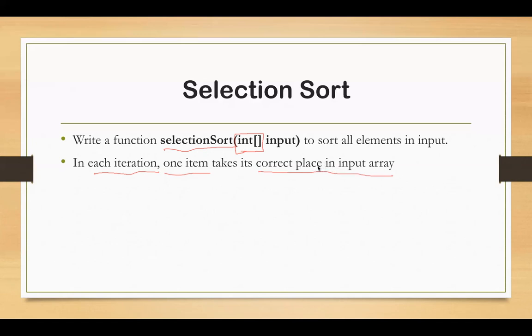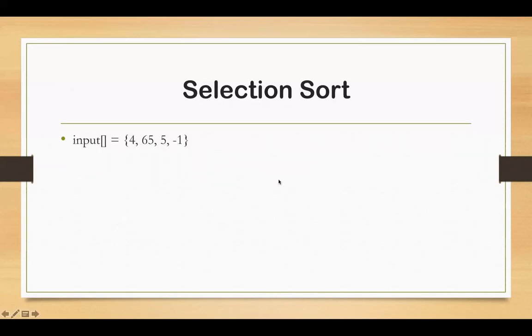Let's demonstrate this using an example. Suppose the given input array has elements 4, 65, 5 and -1. How will we sort this array using selection sort? For this, we will use a few variables. One is lastIndex, which will contain the index of the last element.